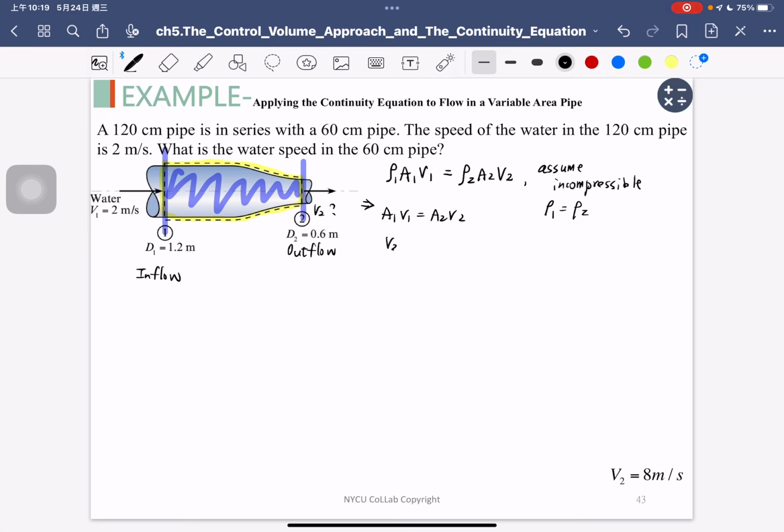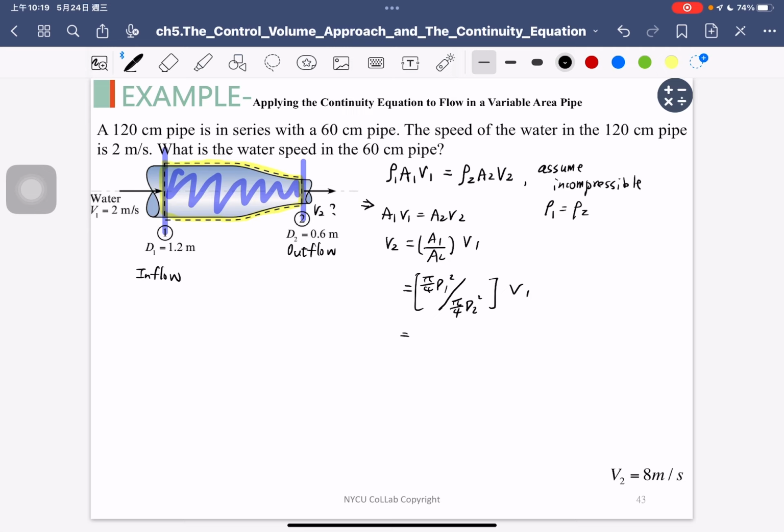So I keep the unknown on the left-hand side, and on the right-hand side I have the ratio A1 over A2 multiplied by V1. Since this is a pipe, the cross-section area A1 equals pi over 4 times D1 squared, divided by A2, which is pi over 4 times D2 squared, and then multiplied by V1.